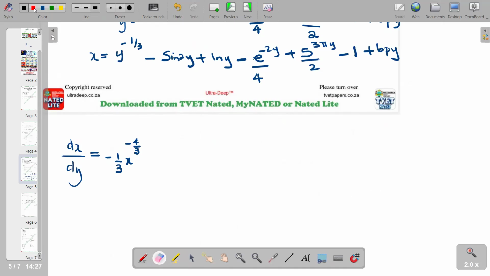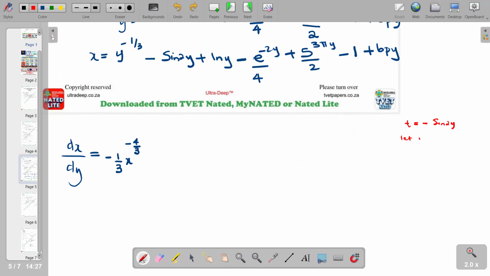We can take t is equal to minus sine 2y. Then let u be equal to 2y.